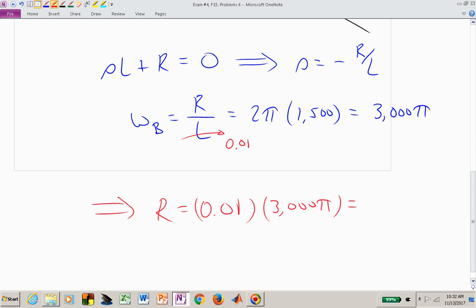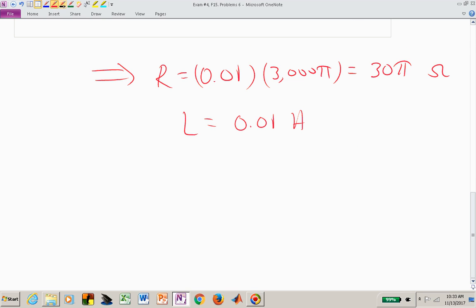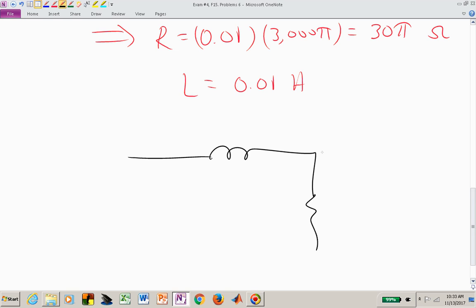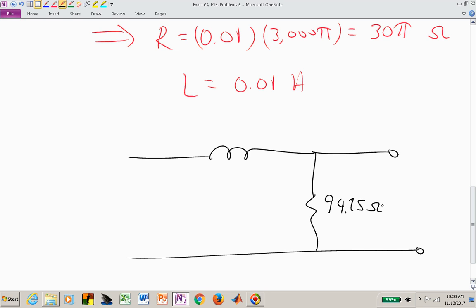Or, taking two zeros off of that 3,000, I now have 30 pi, or roughly 90, a little bit more than 90 for my resistor in ohms, and my L is 0.01 henries, and my structure, I already know, that's now, whoops, I wanted first order, so this is now 94.25 ohms, and this is 0.01 henries.